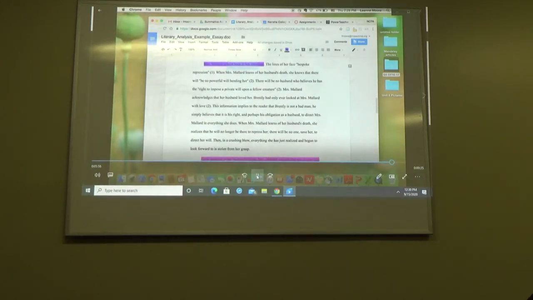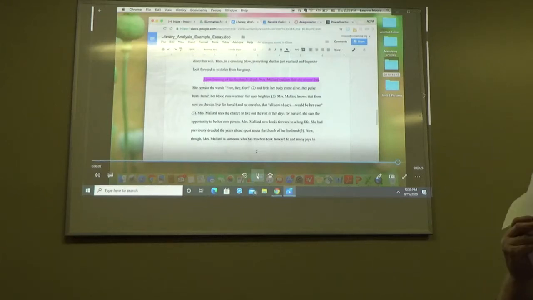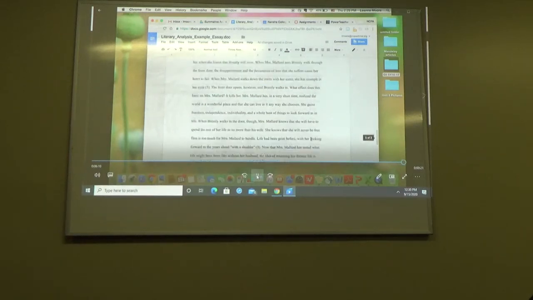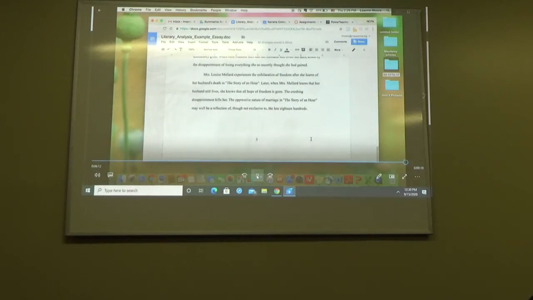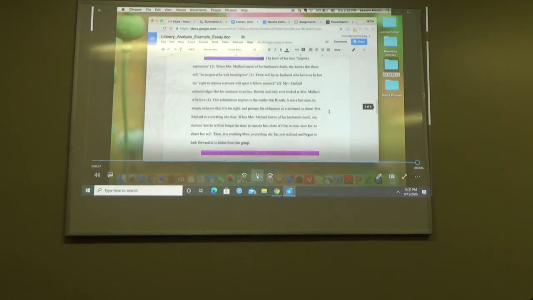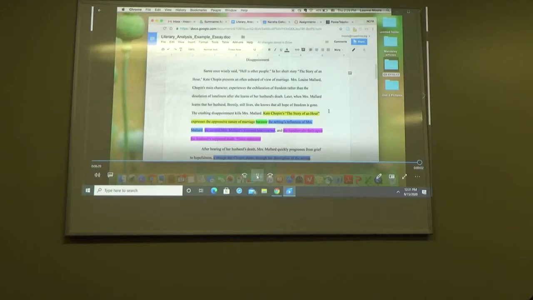The second reason, more evidence from the text, and an explanation of the evidence. Okay? Reason, evidence, explanation. Okay? And the conclusion paragraph is just a restatement of the main ideas of what was already said earlier on in the paper. And that is an example of a literary analysis essay.